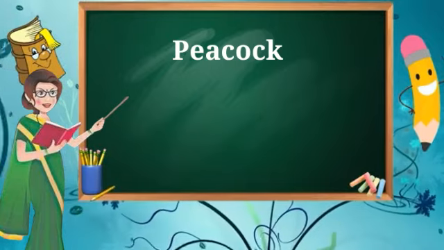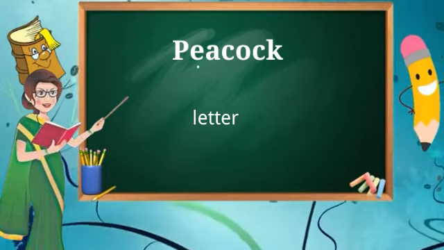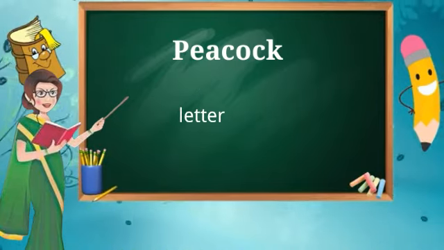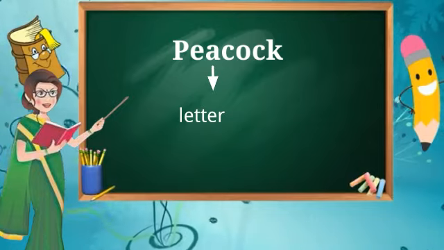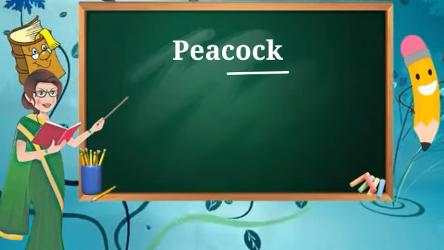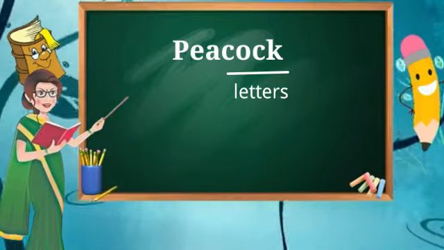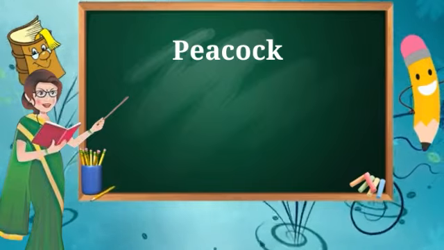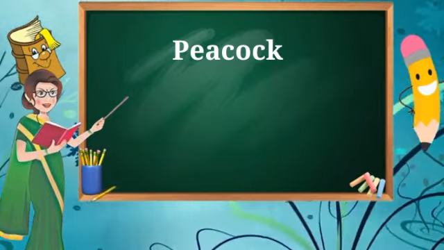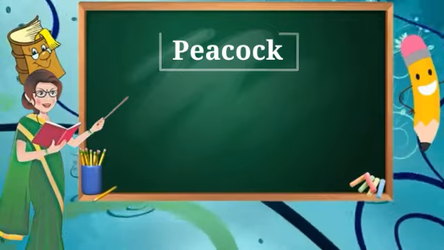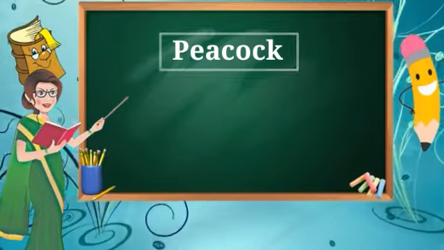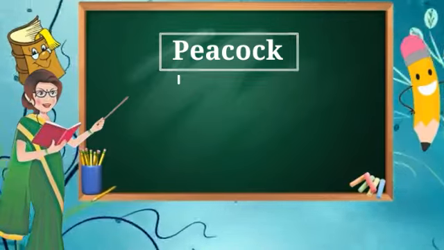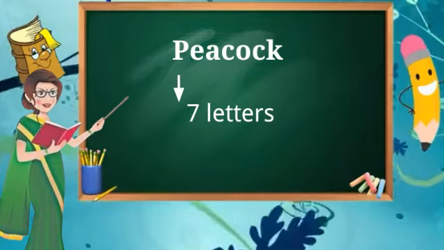Here, P is a letter, E is a letter, A is also a letter, C-O-C-K also letters respectively. Can you tell me now how many letters are there in the word peacock? Count it. Yes, it has 7 letters.